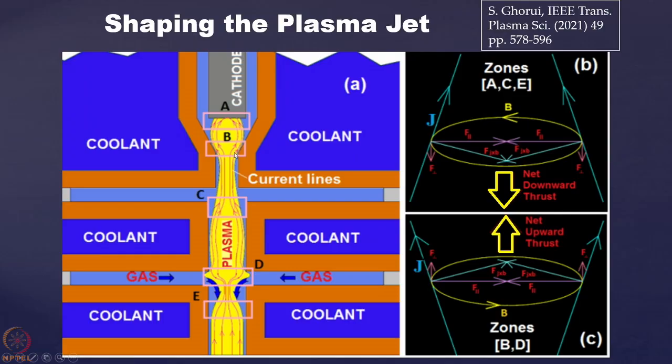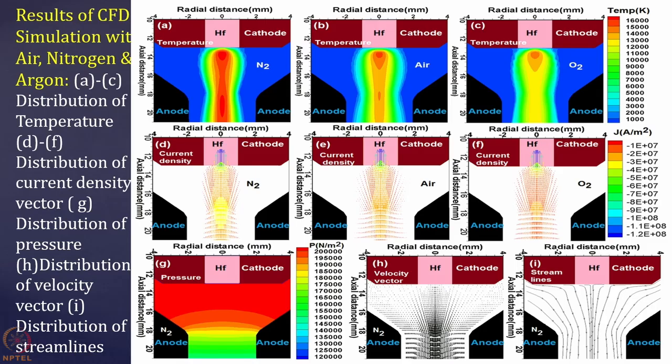So what is happening? Effectively you are getting a very high pressure zone over here. Earlier I promised that I will explain how the high pressure zone exists in this region. Now I am able to explain that because of the upward thrust in this zone, because of the J cross B effect, and because of the downward thrust from here, because of the current density configuration, there is a J cross B thrust downward, and in this region you are getting a J cross B thrust upward.